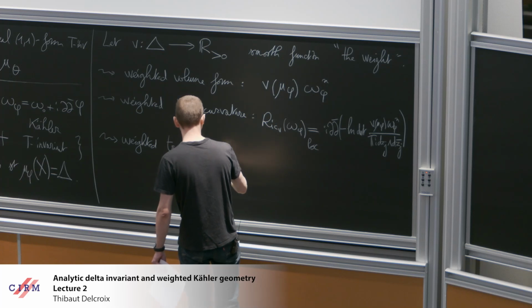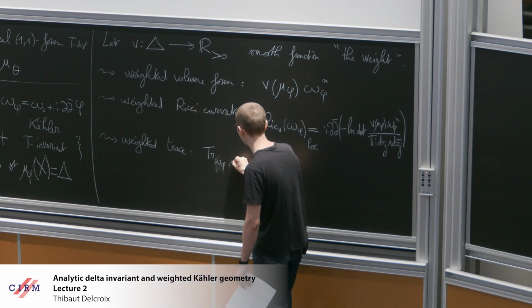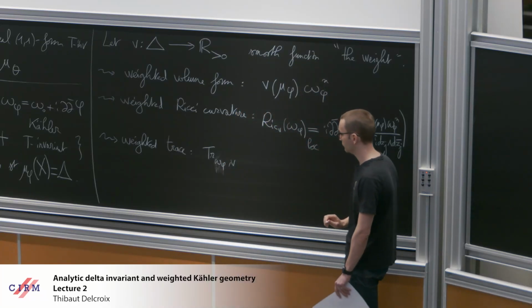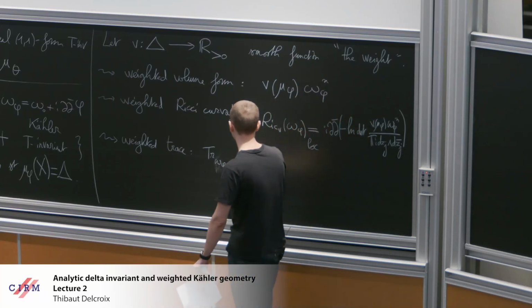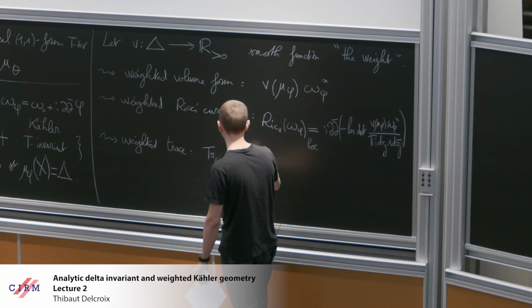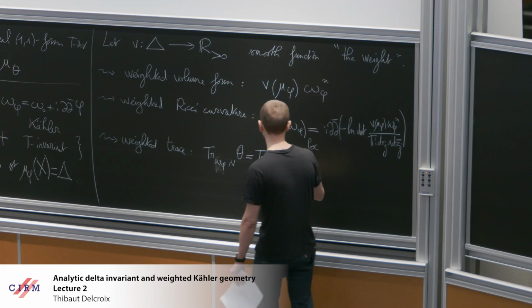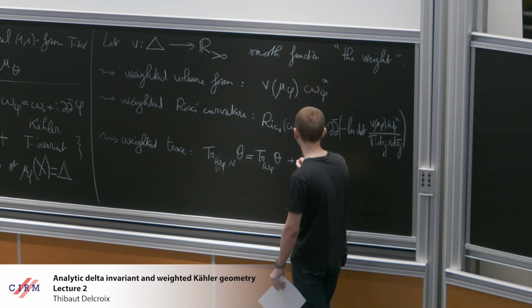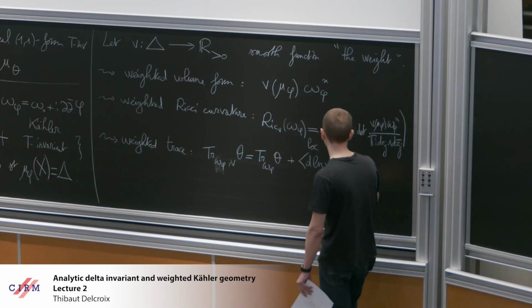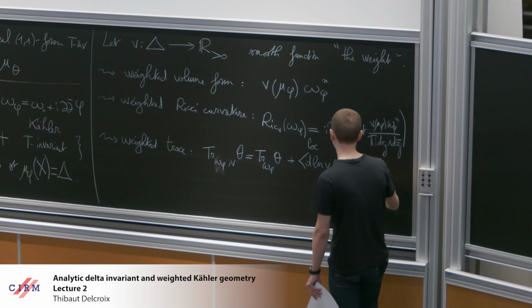So omega phi, maybe I'll just write phi. Trace with respect to omega phi and the weight v of something. This is actually the standard trace plus another term like this.